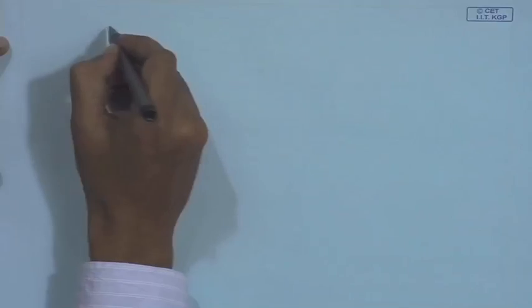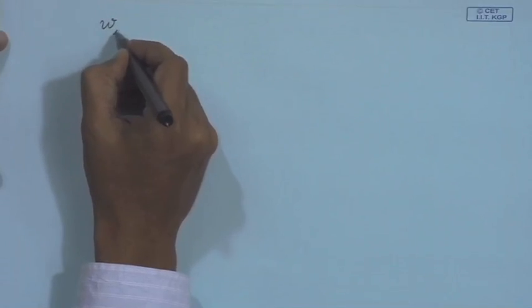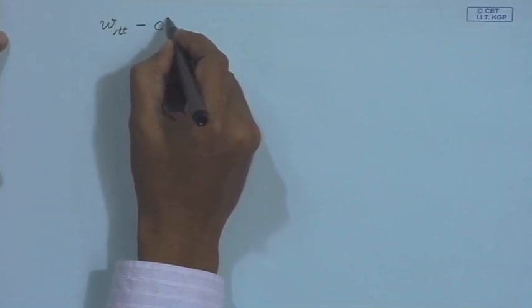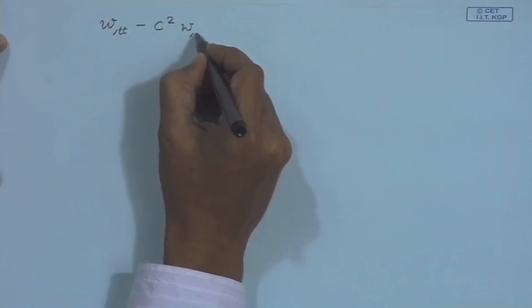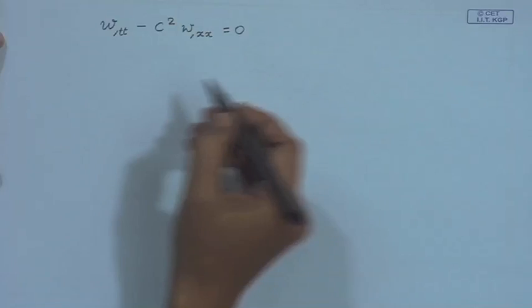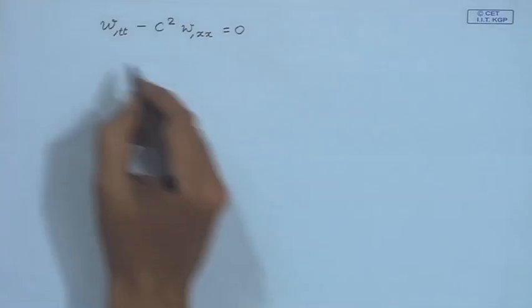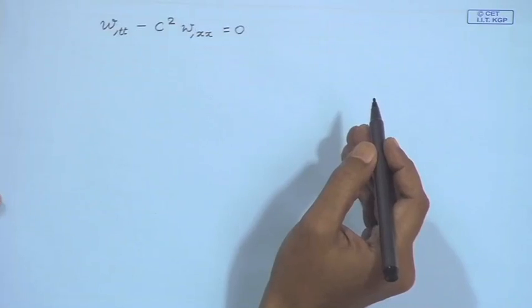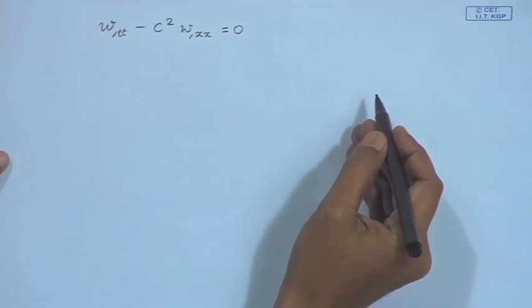Now, in the previous lecture we have seen that for a system governed by the wave equation, there are no boundary conditions because the system is of infinite size.